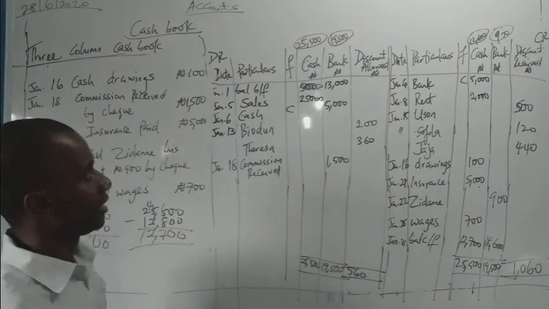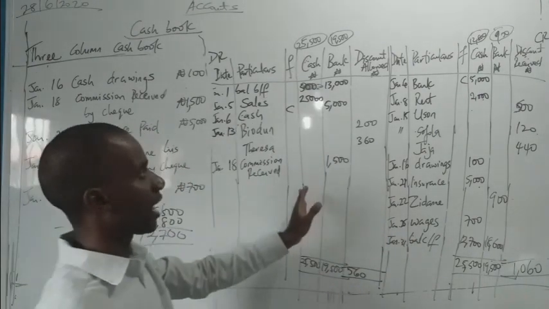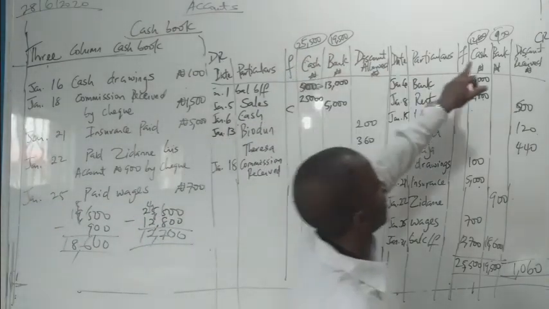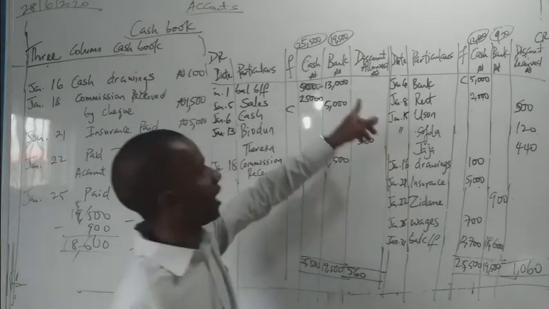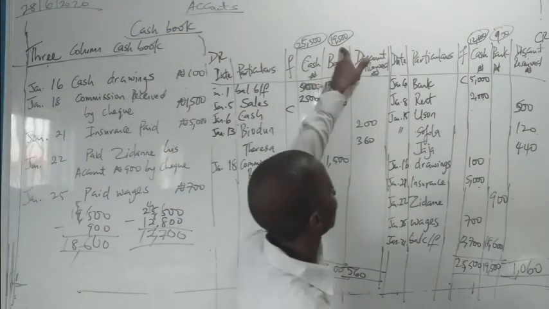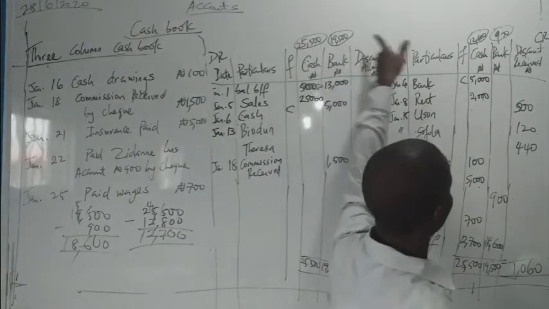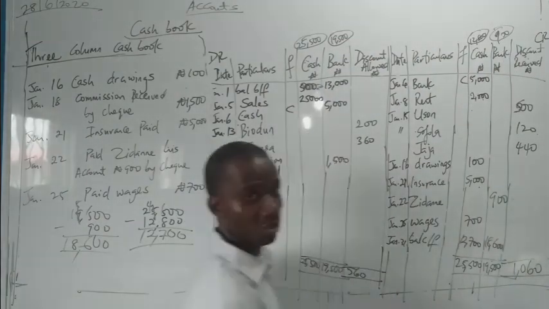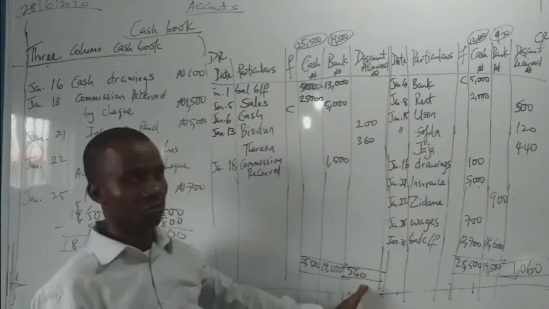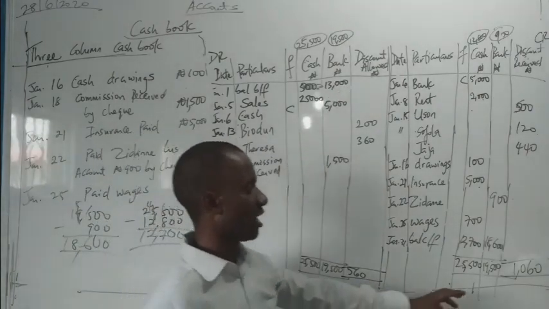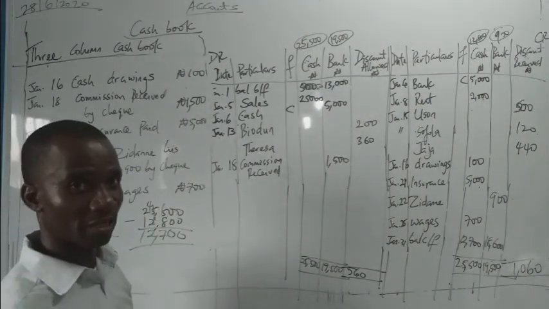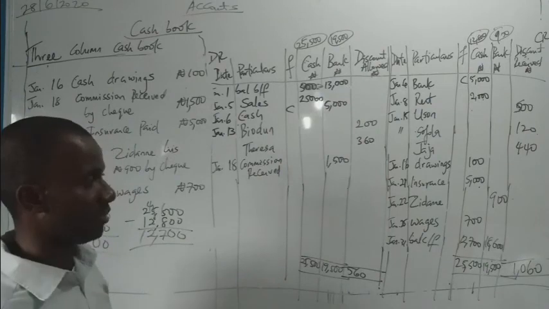That means this cash account has a debit balance because the total of debit side is greater than total of credit side, while this account, bank account, has a debit balance also because total of debit is greater than total of credit. But the last column, this is just a reference column. You can see their total is not the same, just for referencing sake. So that's why they call it memorandum.